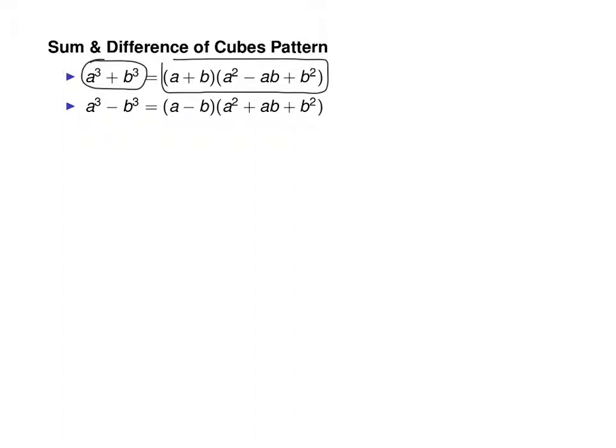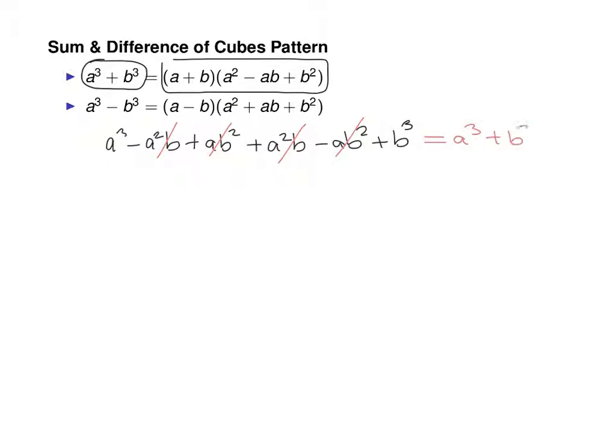First distribute a, and you'll have a cubed minus a squared b plus ab squared. Then distribute the b, and we'll have plus a squared b minus ab squared plus b cubed. You can see that this a squared b cancels with that a squared b, and this ab squared cancels with that negative ab squared, just giving you a cubed plus b cubed.